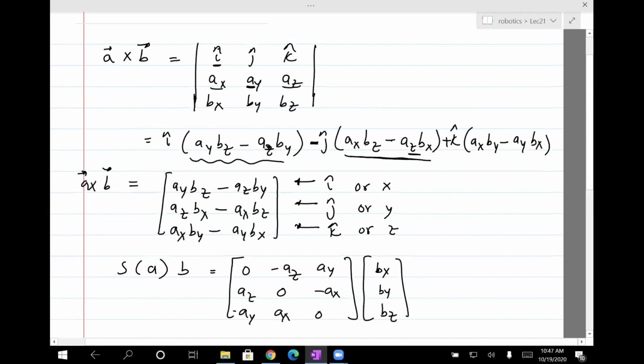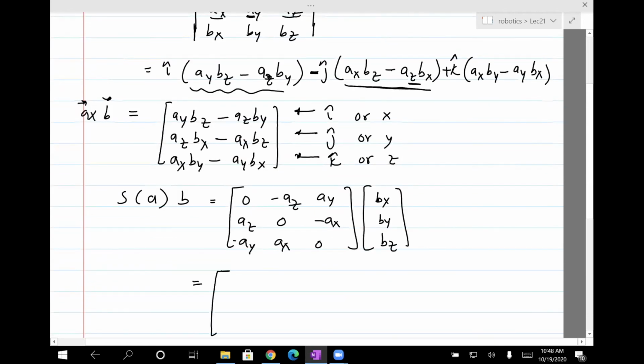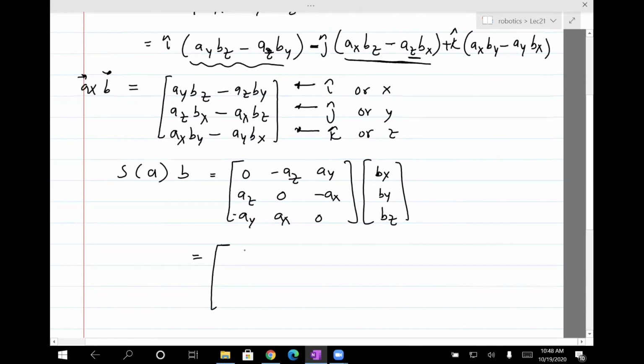So we need to do this matrix multiplication, and that comes out to be minus AZ with BY plus AY with BZ. Then the second row with the column, so AZ BX, then minus AX with BZ, and then we have minus AY with BX, and then plus AX with BY.